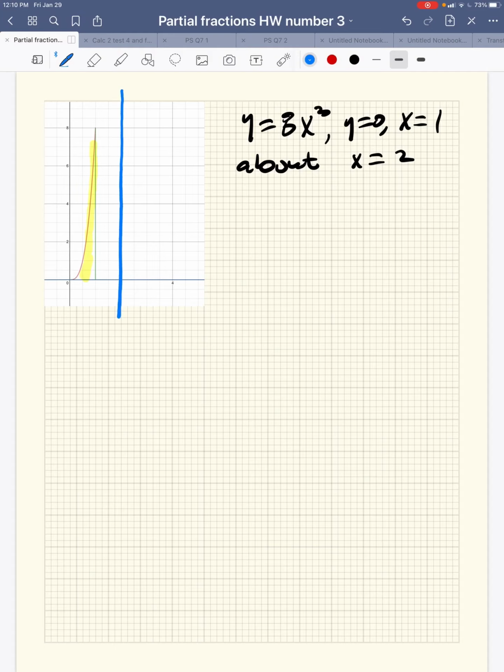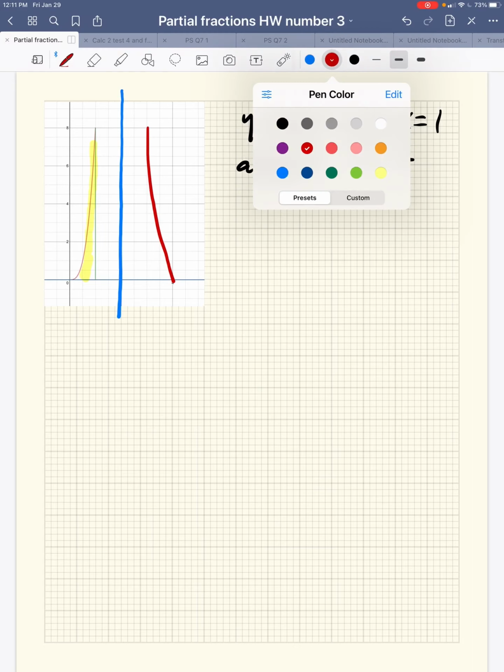And when we do that, the shape we would find would be something like this.